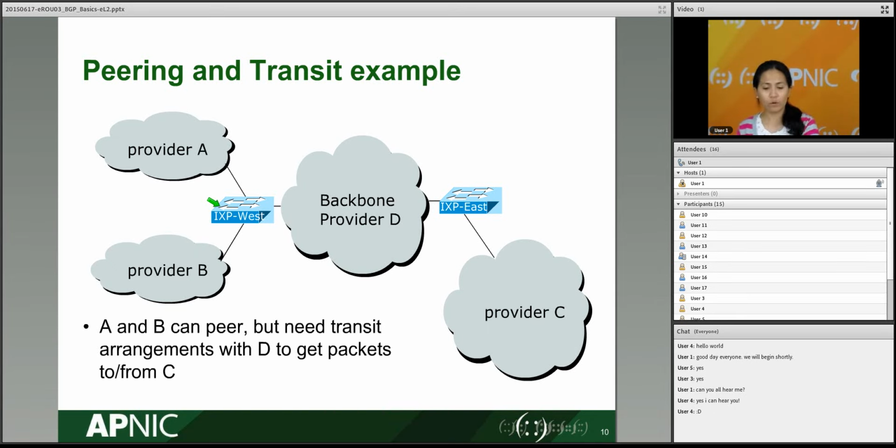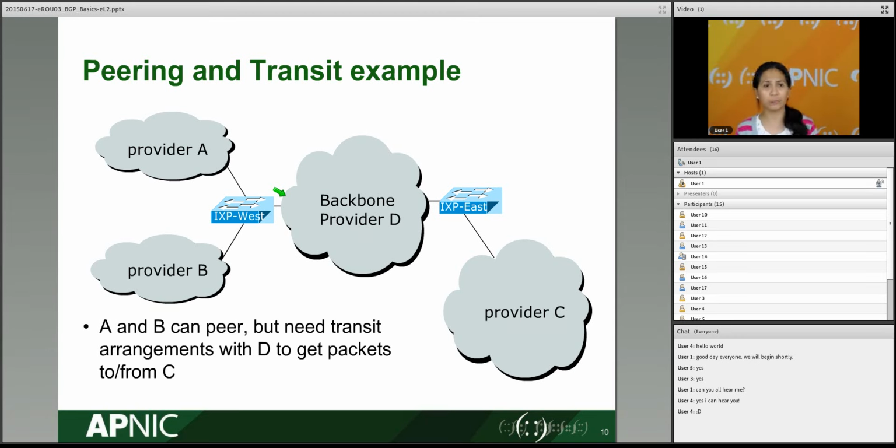Now, if they want to get to provider C, which is on the right side here, provider C and provider D are both connected as well to an IXP. So they're also peering with each other. A and B are peering, C and D are peering. But if I have to send data from A going all the way to C, I need to go via provider D. In that sense, the traffic will have to pass through provider D. That is what we call transit.